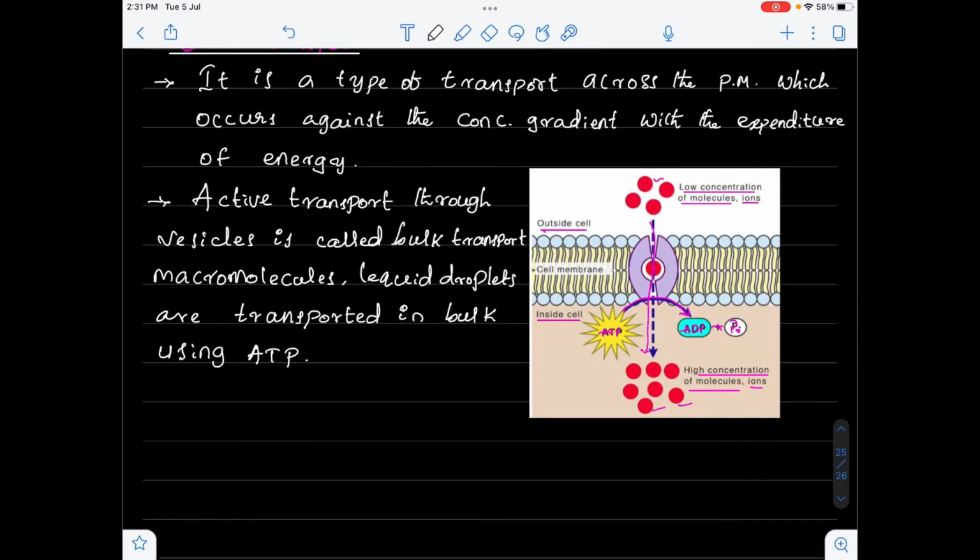And here actually the bulk amount of macromolecules and liquid droplets are transported by vesicles which are formed by the infoldings and unfoldings of the cell membrane.